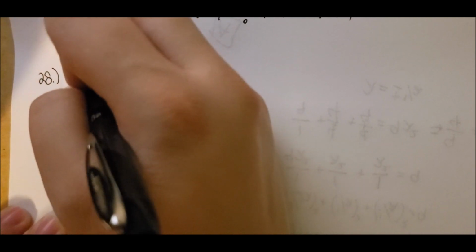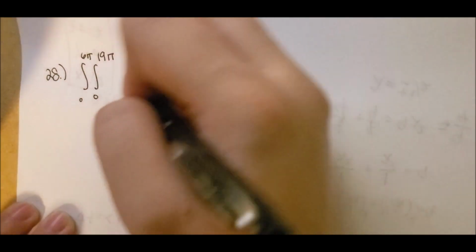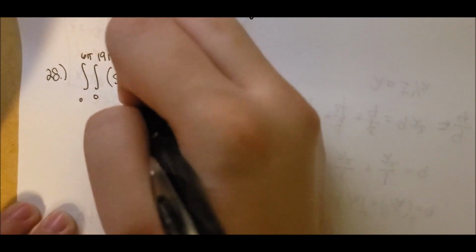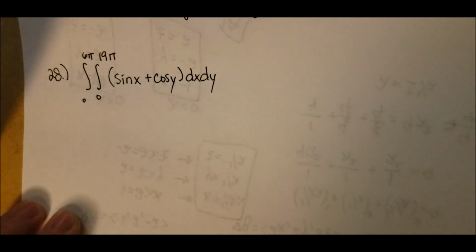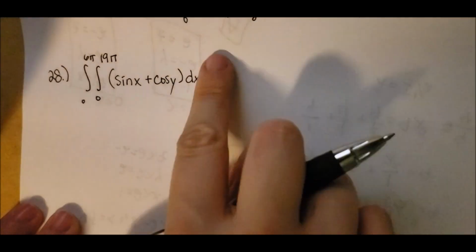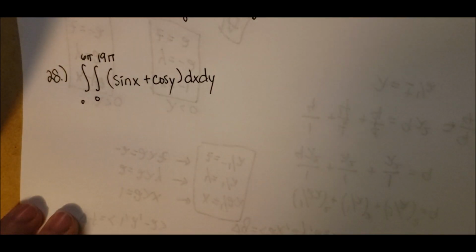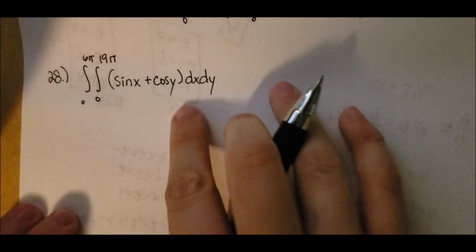And then 28. I could split this up like I did 27, but it's just sine and cosine, so it's not gonna be that bad.